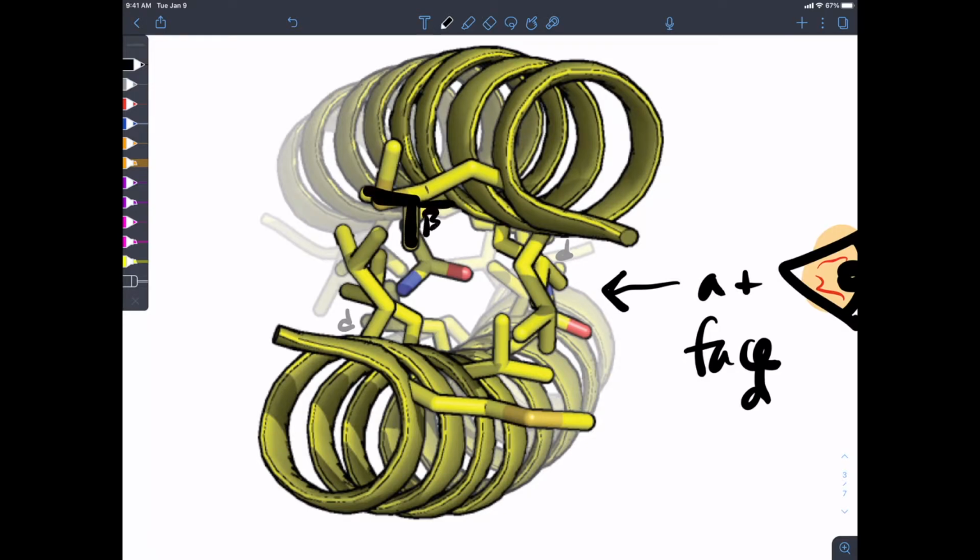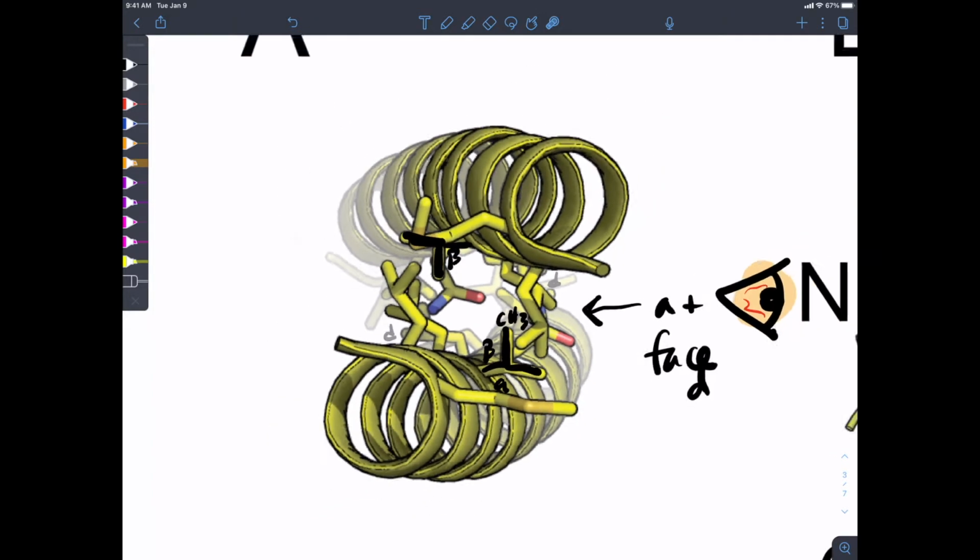You can see that the beta branching in that valine side chain allows plenty of space at an A position. In fact, beta branching allows you to fill space in the core that you wouldn't otherwise be able to fill.